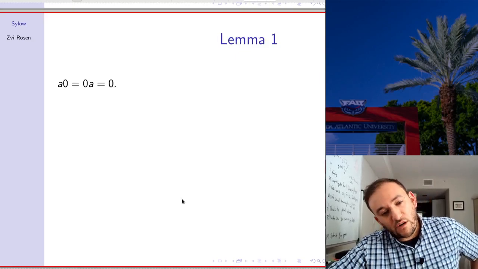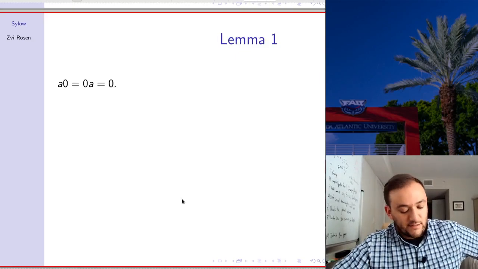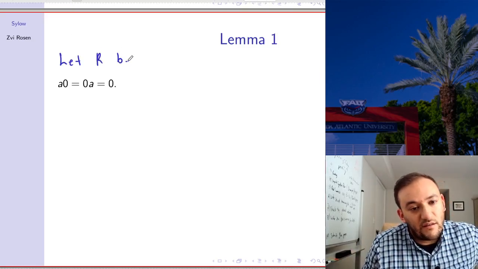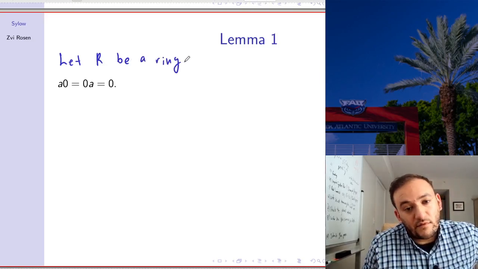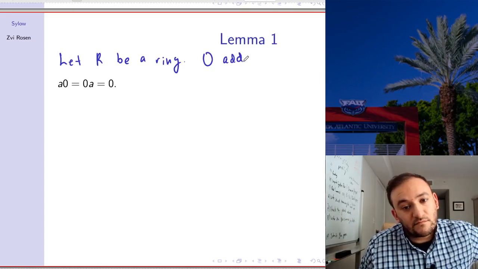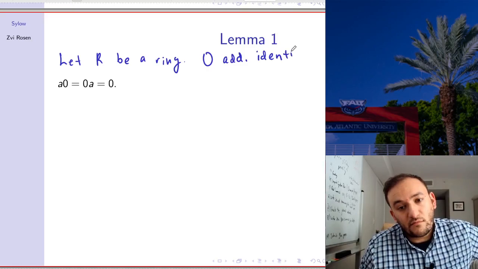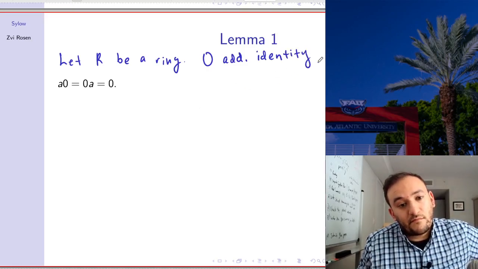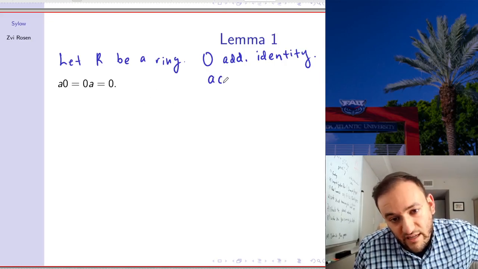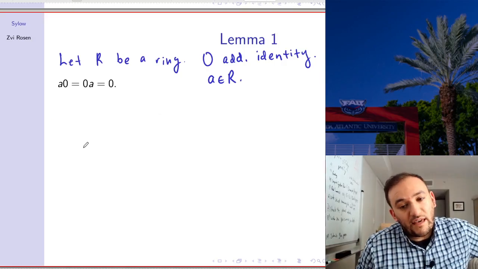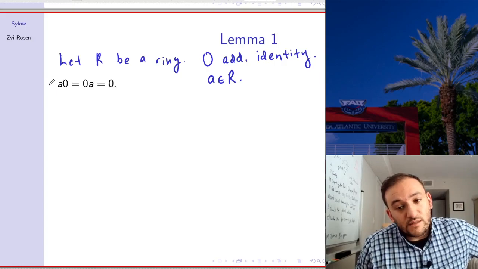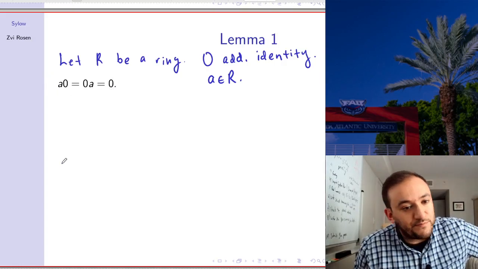Okay, so now let's work out some of the lemmas about rings. Again, we're assuming R is a ring, 0 is the additive identity, and A is just any element in R. Our claim, which we want to prove right now, is that A times 0 equals 0 times A equals 0.